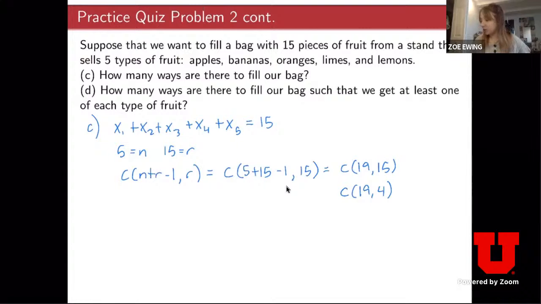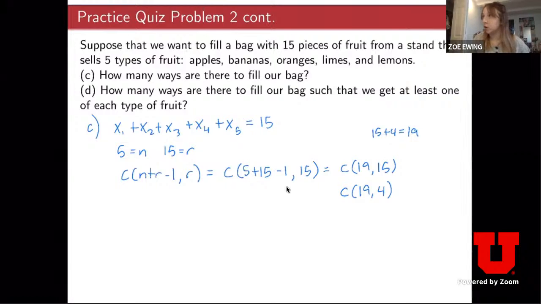So with combinations, and this is only for combinations, it won't be the case for permutations. For combinations, if the r value adds up to the n value, then it'll be the same. So 15 plus 4 is 19. So we can either choose 15 or choose 4 because of the way that combinations work.